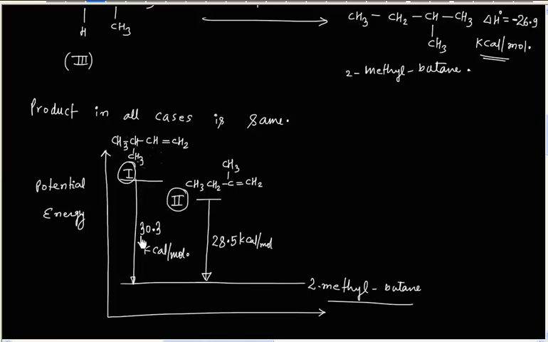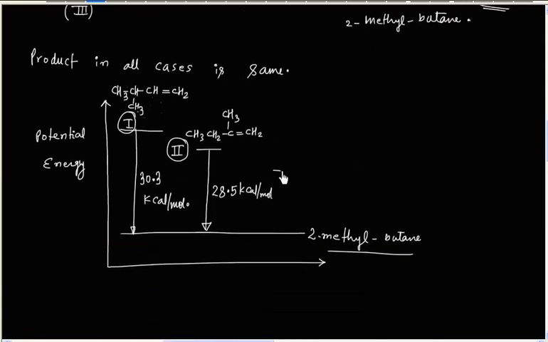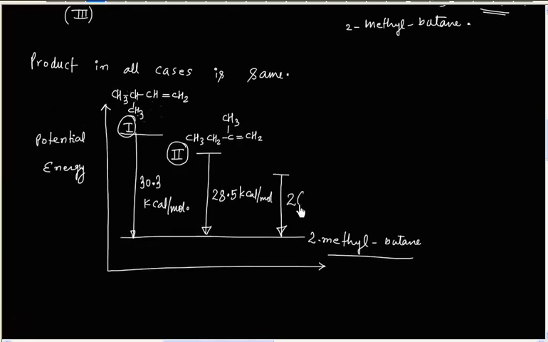Now we have third alkene. In this case energy released is only 26.9 kilocalorie. So this will have even less potential energy. So this is 26.9, and this is 2-methyl 2-butene.